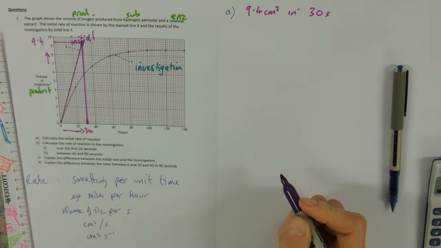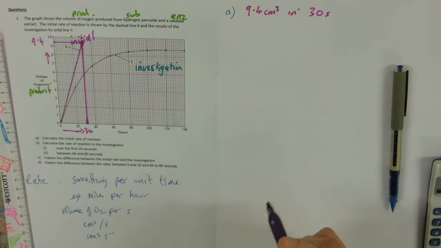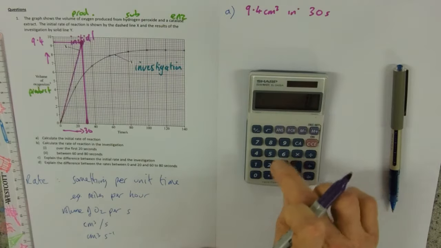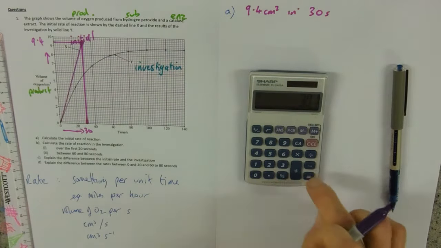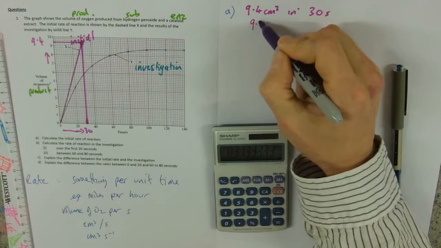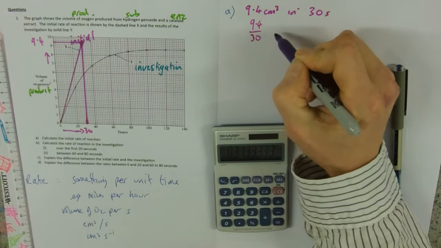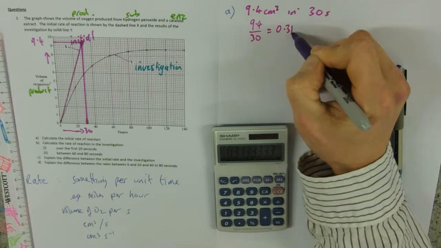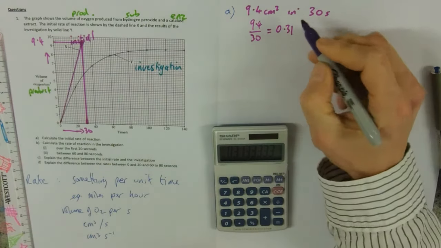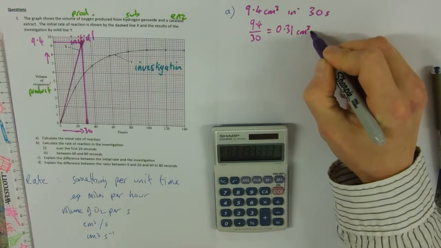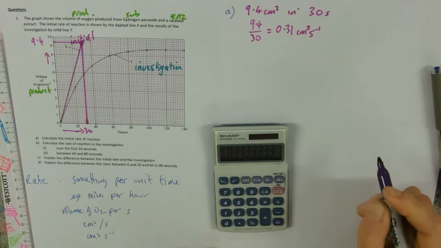You could work that out per second. In your calculator, 9.4 divided by 30 equals 0.31, and the units are cubic centimeters per second.